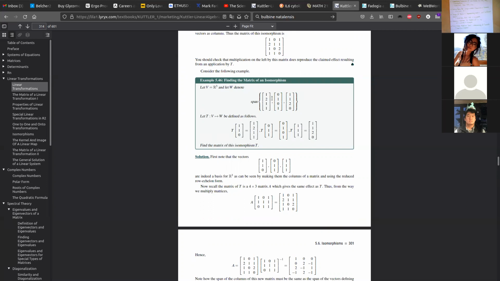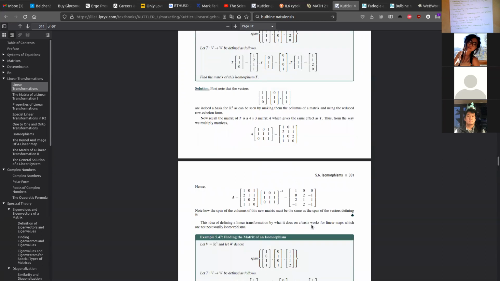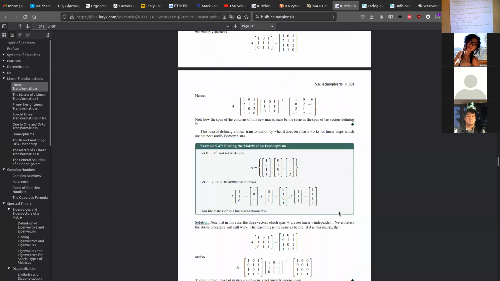So let's see, this one's not too bad. I think this one, we've just got a map from V to W, find the matrix of the isomorphism, and then we just know how the matrix should act on a collection of vectors. And since that collection of vectors was a basis, we can invert it and find that. Not a bad example. Something like that you guys should know how to do.